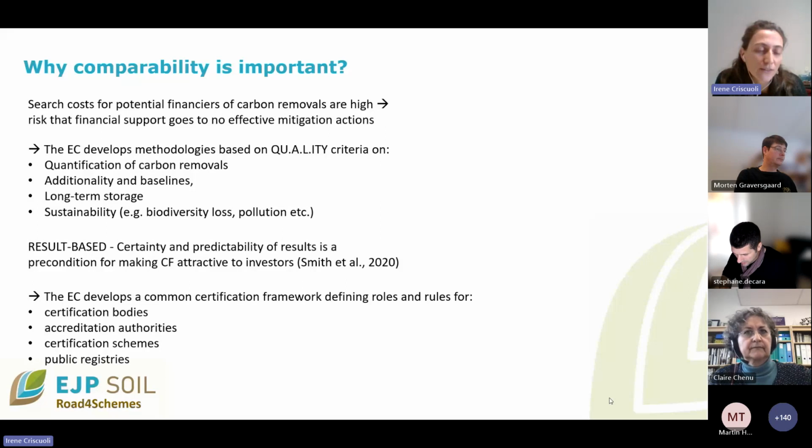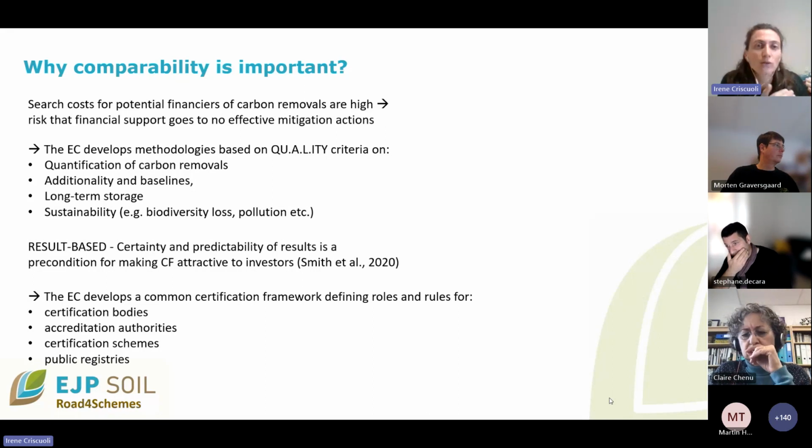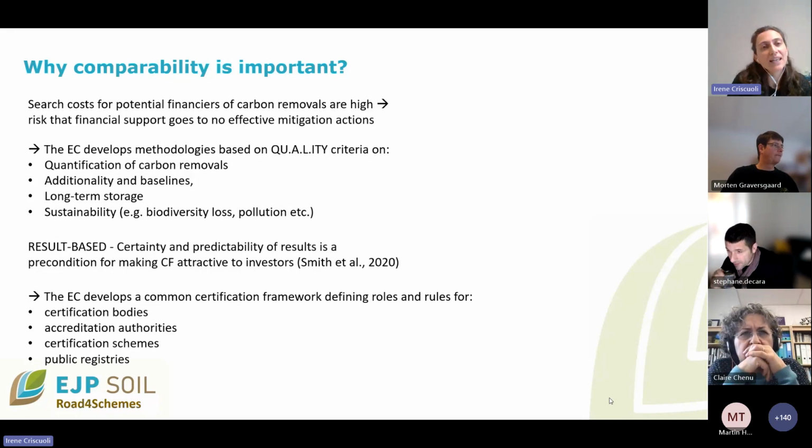The problem, if carbon credits are not comparable, is that potential financiers have to spend time looking for the right one. And in the end, they might not choose the best one in terms of effectiveness for climate change mitigation.